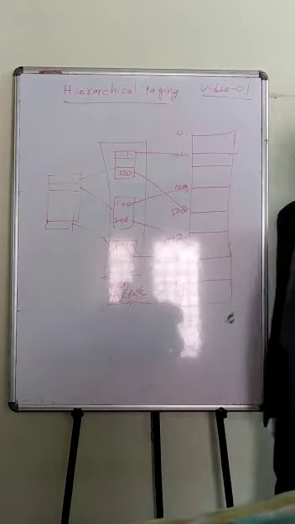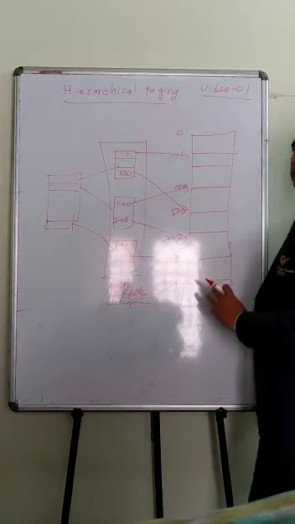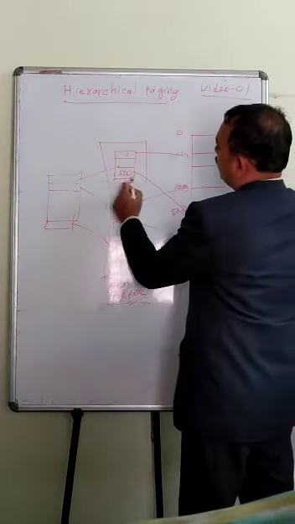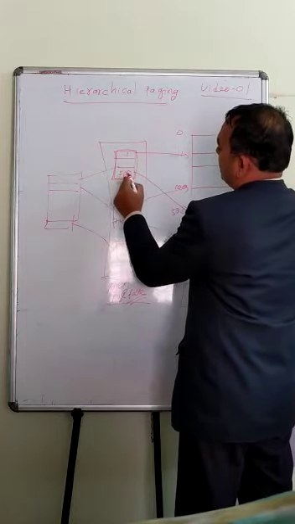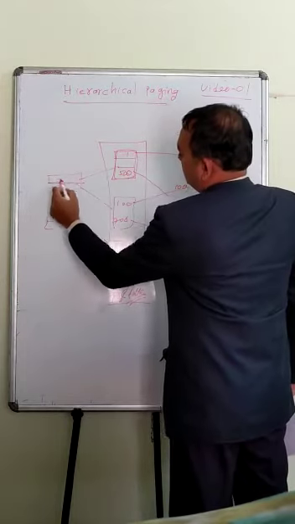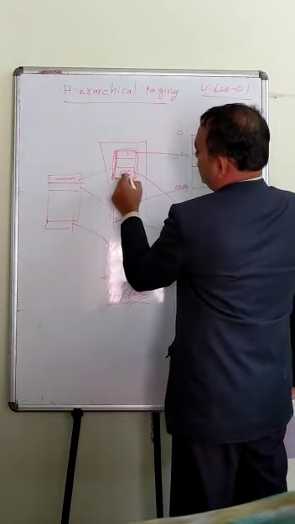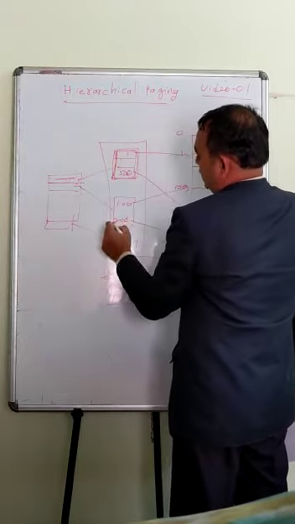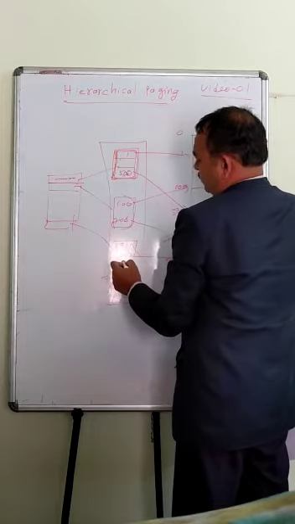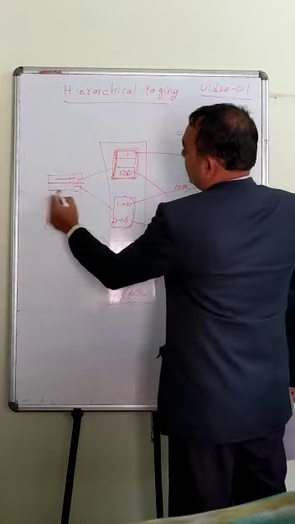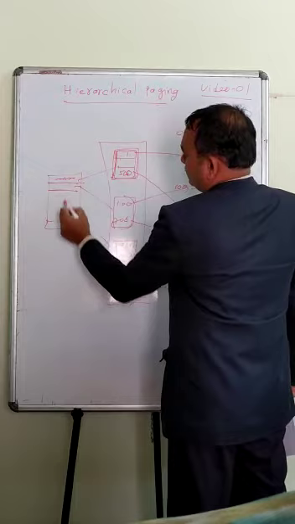You see this hierarchical paging. This is the memory, and this is the page of page table, 1 to 500 here. This entry gives this page of page table, and this gives this page of page table, and here there are 3 locations.